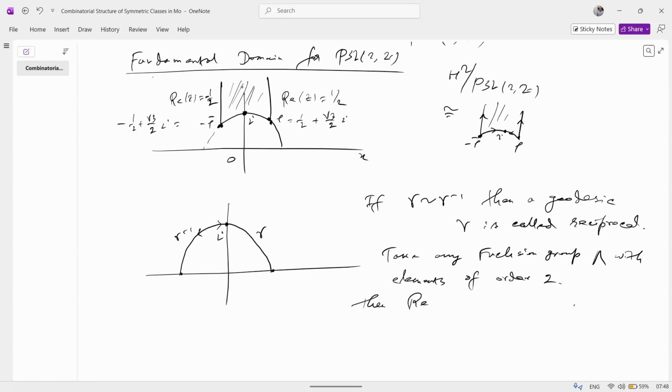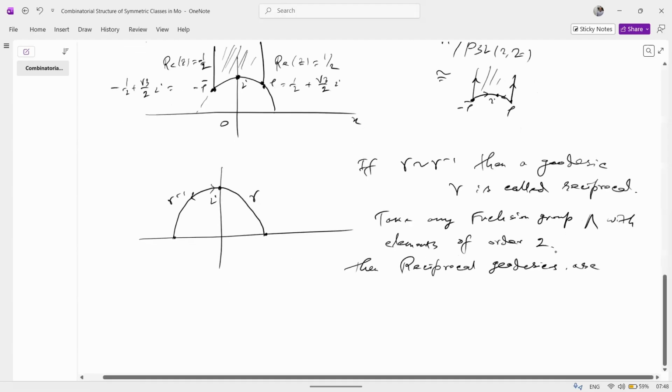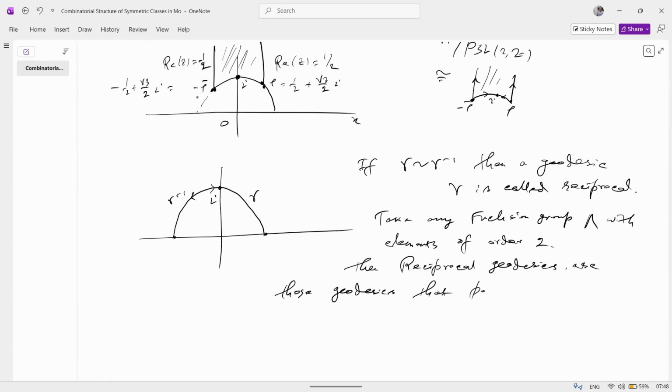Then reciprocal geodesics are those geodesics that pass through the order 2 cone point. Now, this is the geometry.